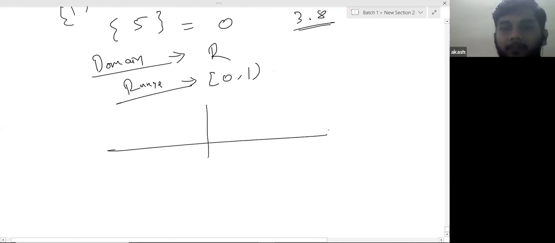Graph. See, from 0 to 1, the value at 0 is 0, 0.1 is 0.1, 0.2 is 0.2, like this. This will go like this. At 1, it will be 0. Again, 1.1 is 0.1, 1.2 is 0.2, like this.